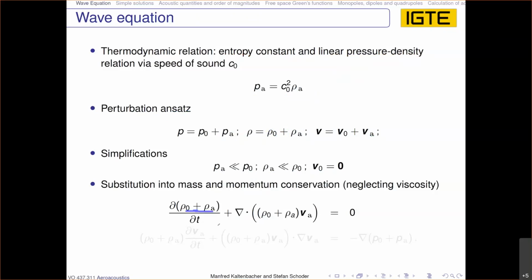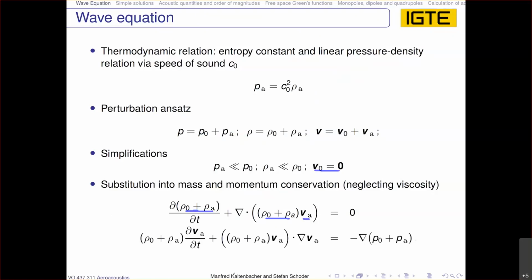We already called it the acoustic density. We have the same here. And here we just have as a velocity just the acoustic part, because the mean velocity we have set to 0.